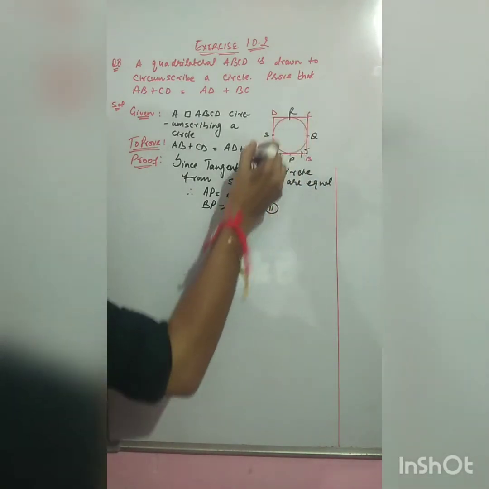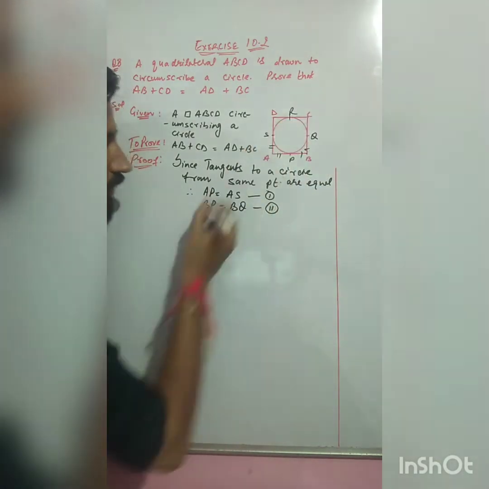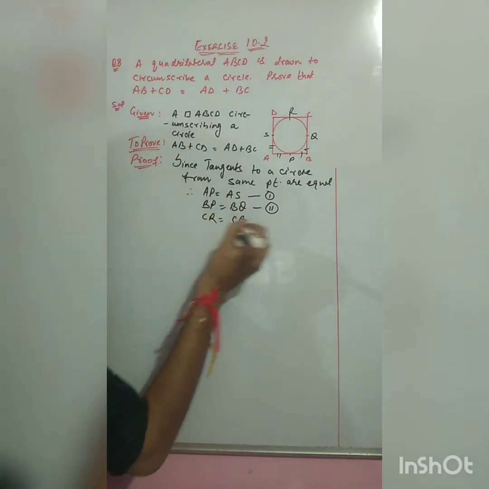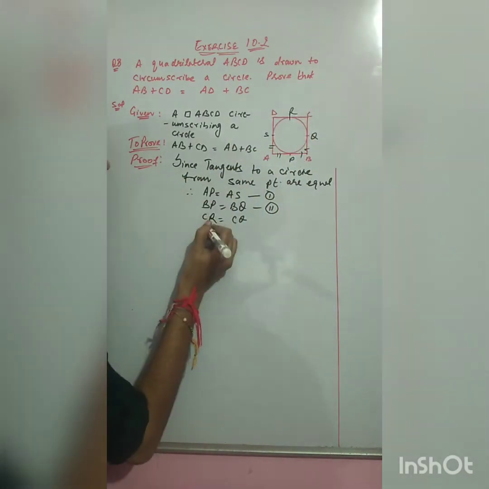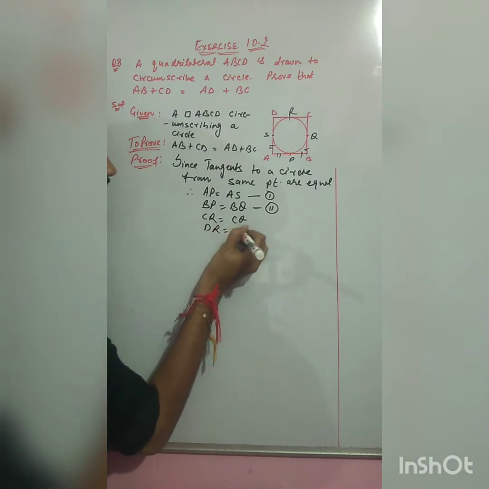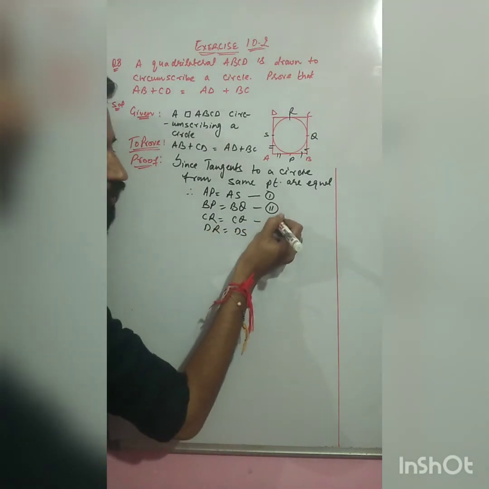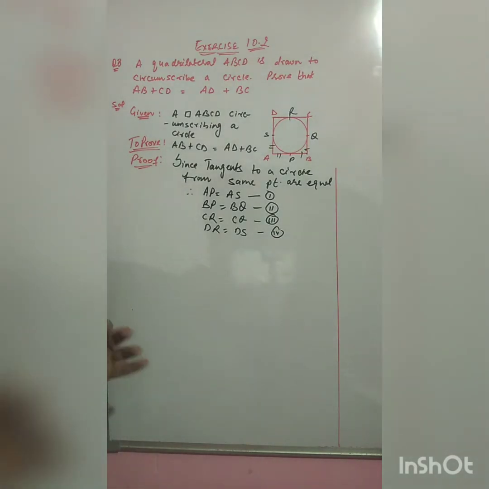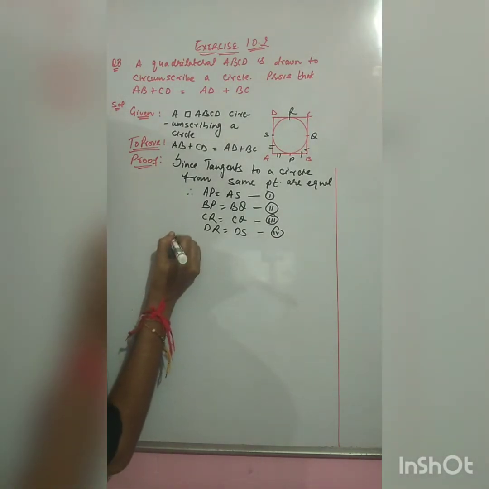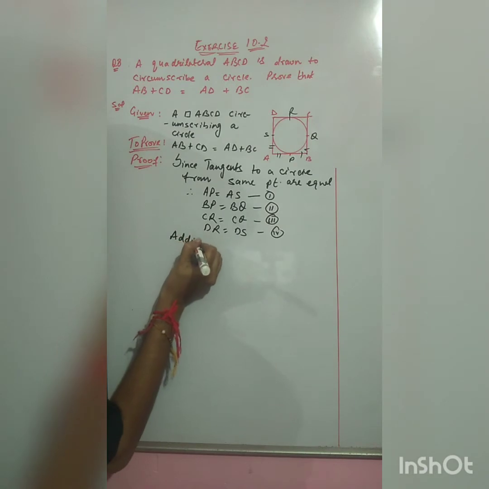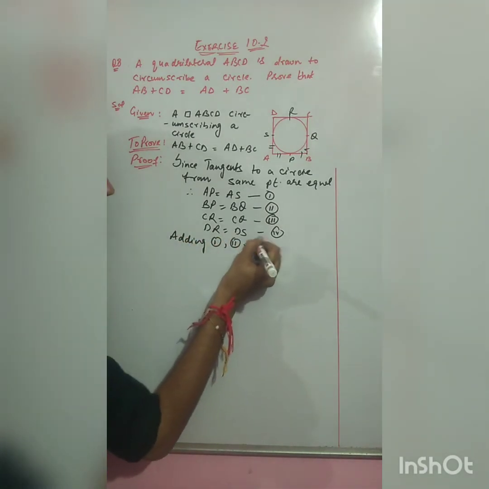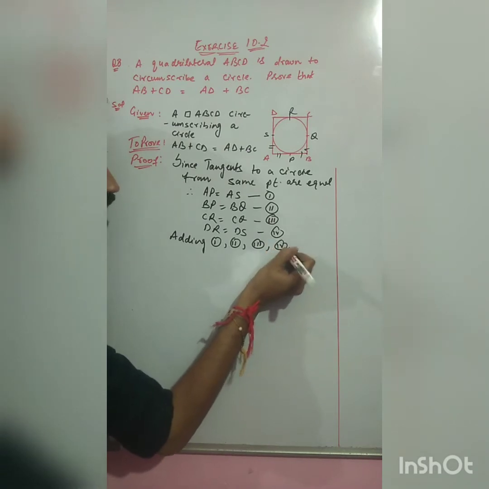In the same way CR is equal to CQ, and DR is equal to DS. Let them be equation number 3, 4. Now we have to add first, second, third, fourth.